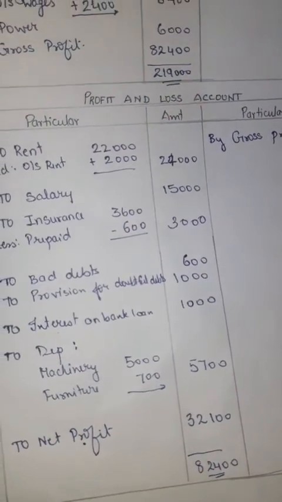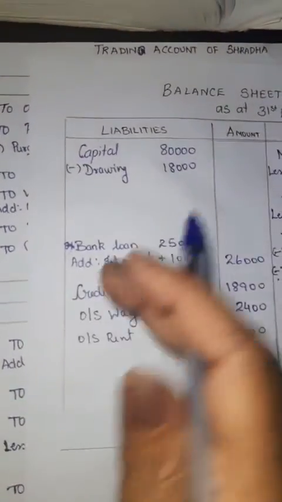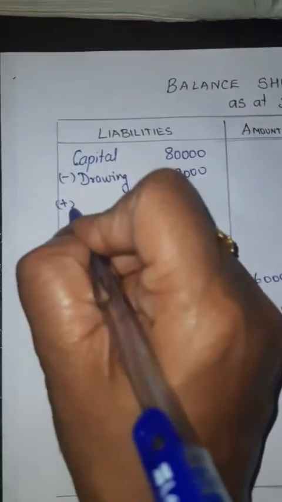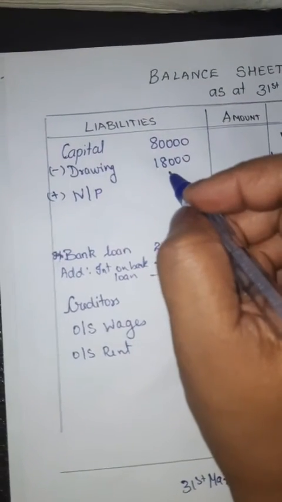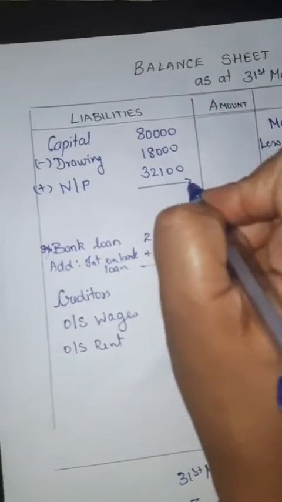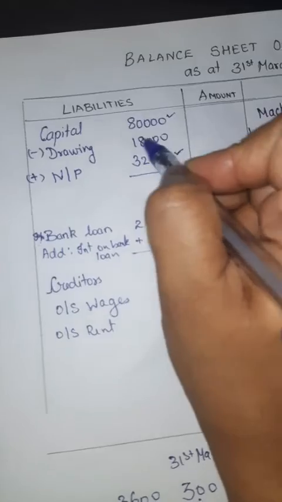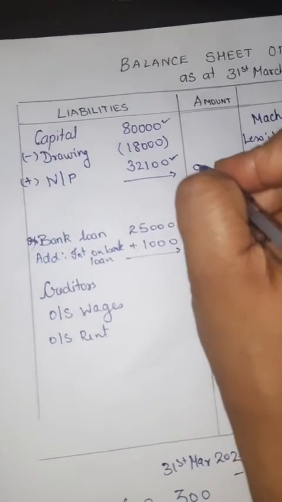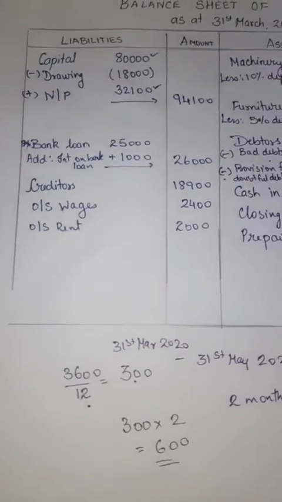This net profit effect I will show in the next account, that is the balance sheet. In capital I am supposed to add this item, net profit. What is the amount I got as net profit? 32,100. Okay, so 80,000 and 32,100 will be added and 18,000 will be subtracted. So I will get 94,100 as my answer.